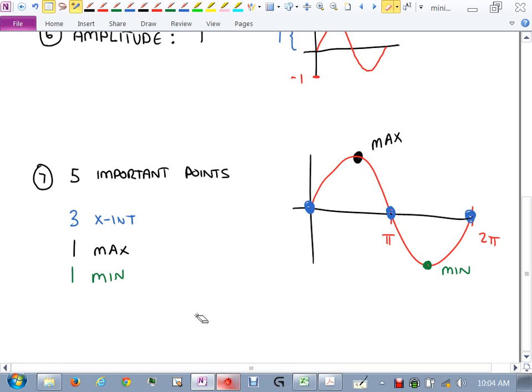All right, now 764. Y equals f of x equals cosine x. So what's the difference between sine and cosine? Well, on our circle, sine was the y coordinate, right? Cosine was the x.